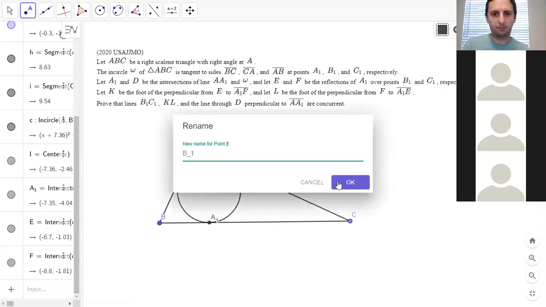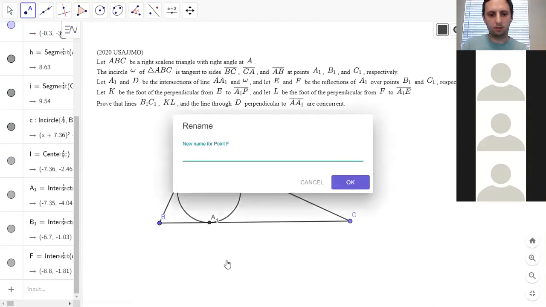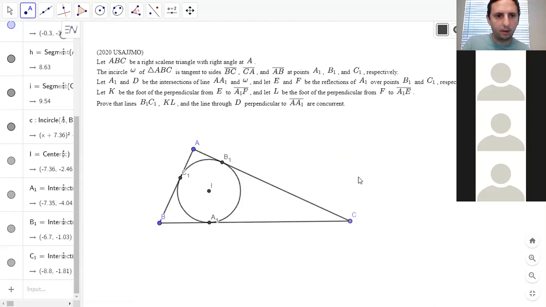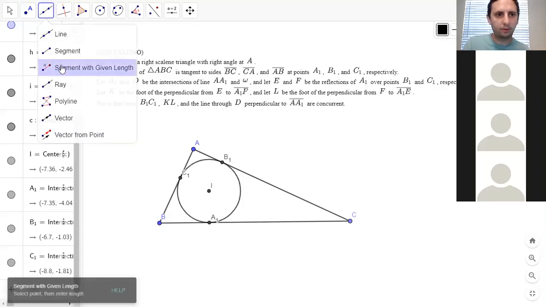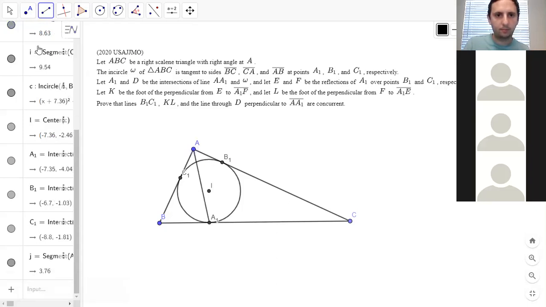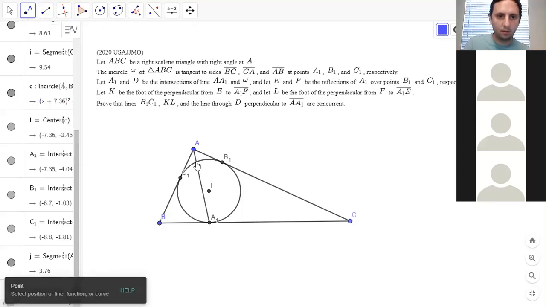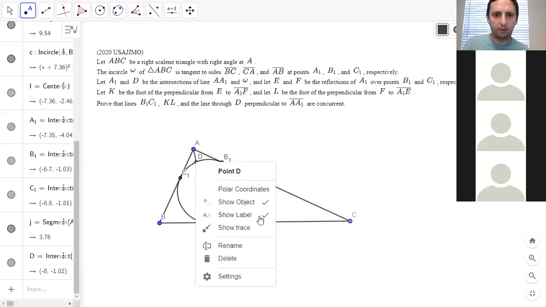B1 and C1, A1 and, okay, so we draw AA1 and we let it intersect the circle at D. So AC1IB1 is a square.